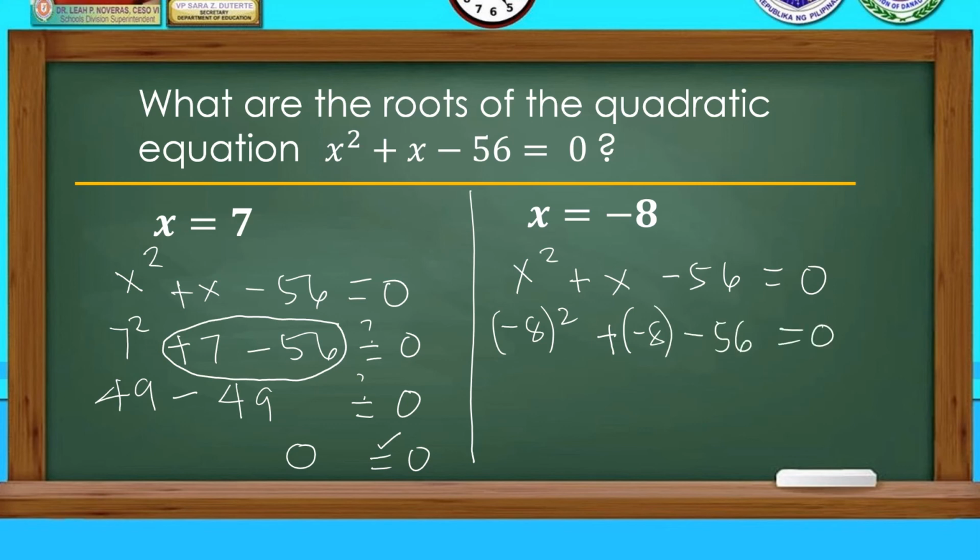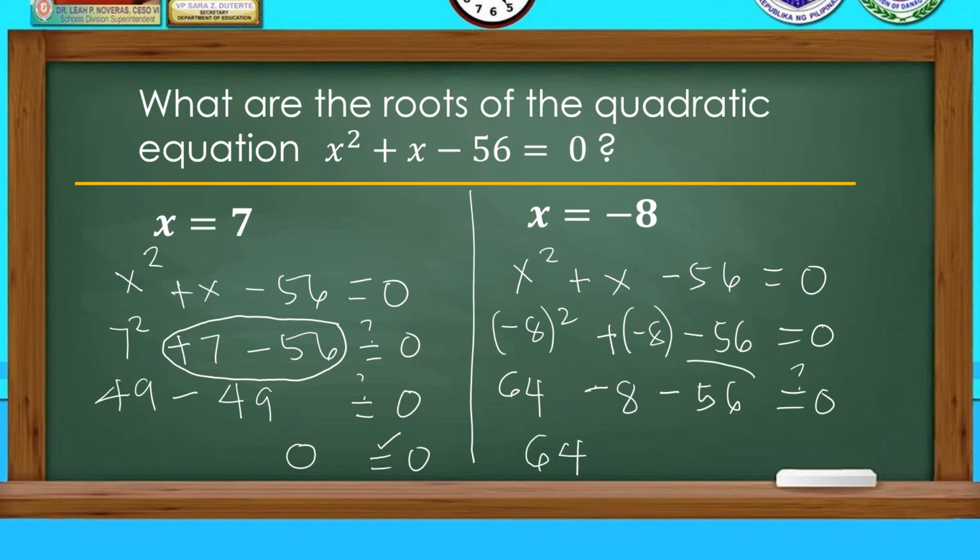Negative 8 times negative 8 is 64. Then positive times negative, unlike signs, gives negative 8, and then negative 56. Is it equal to 0?